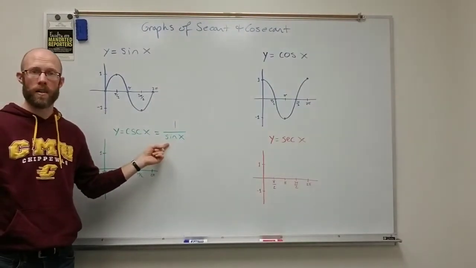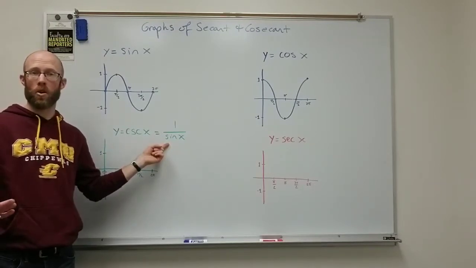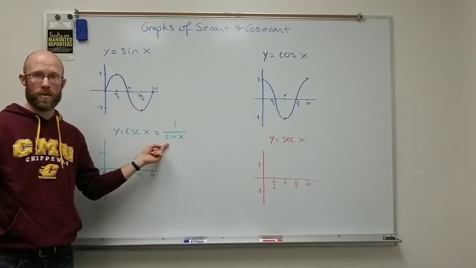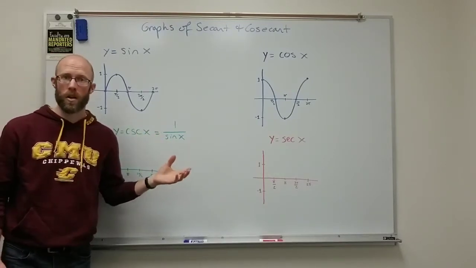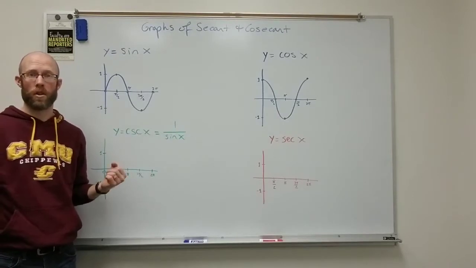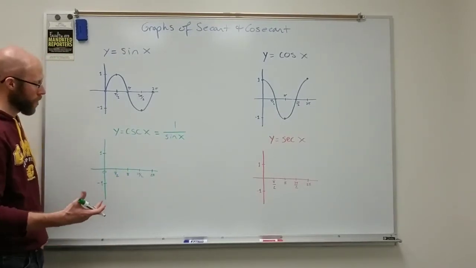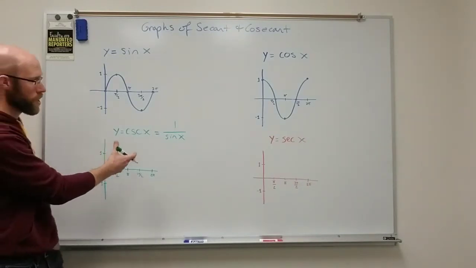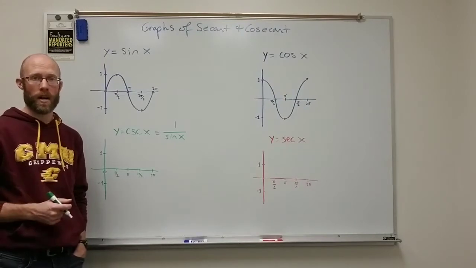It's undefined. What you hopefully will remember from our discussion about the tangent and the cotangent graphs is that when you have an undefined value, at least with these trig functions, you end up with something called a vertical asymptote. You will also end up with a vertical asymptote in both the cosecant and secant functions when you're looking at an undefined value.